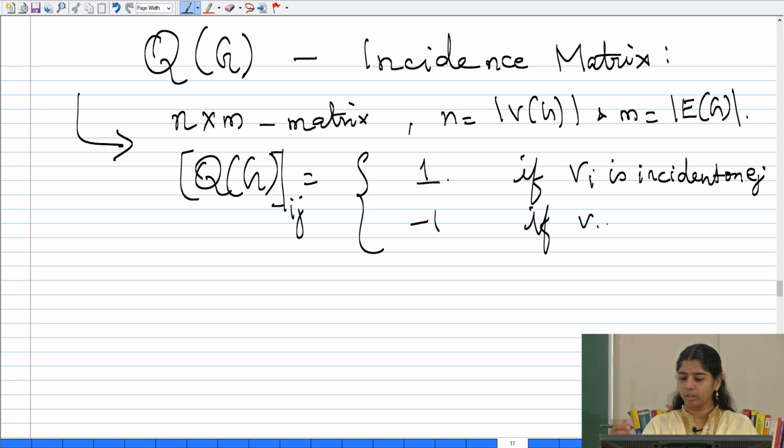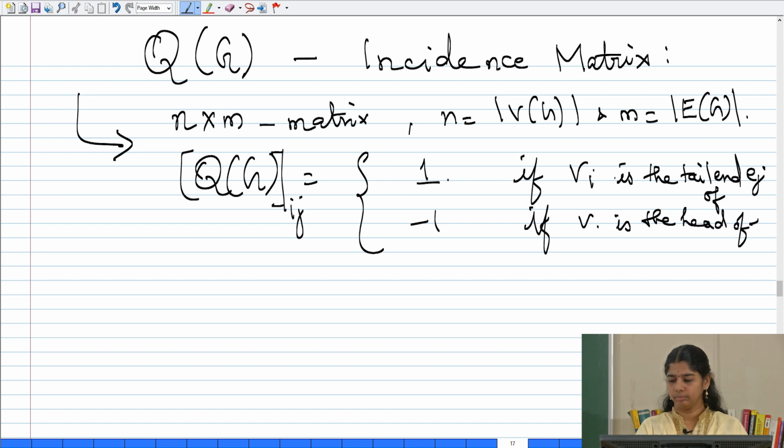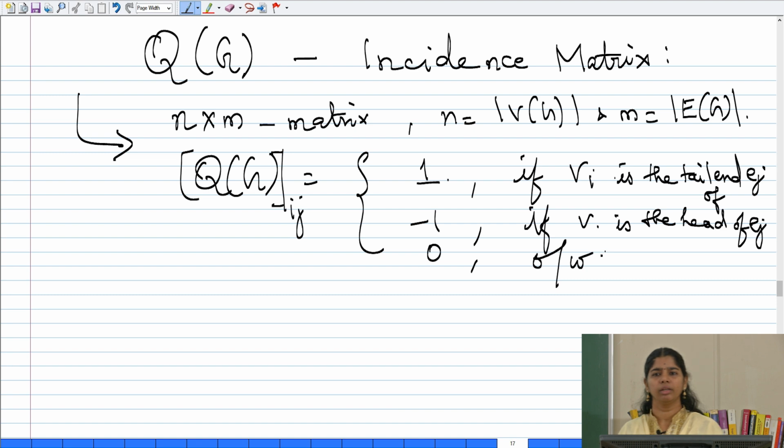Again, I cannot use the word incident here. So Vi is the tail end of Ej, and 0 otherwise. That is, if the vertex Vi and the edge Ej have no connection between them, then we just say there is going to be 0.